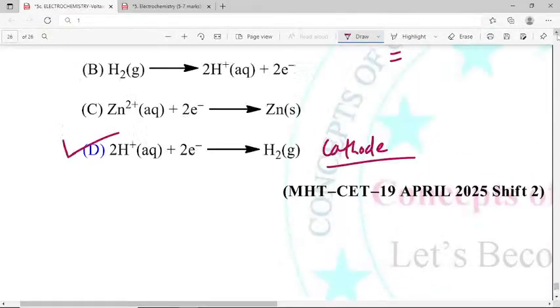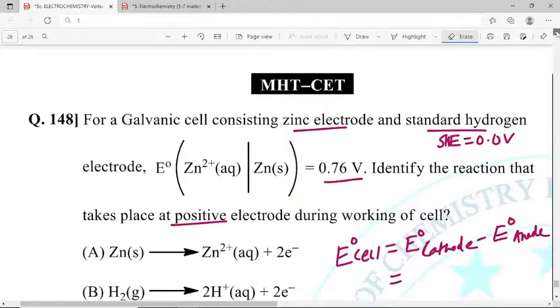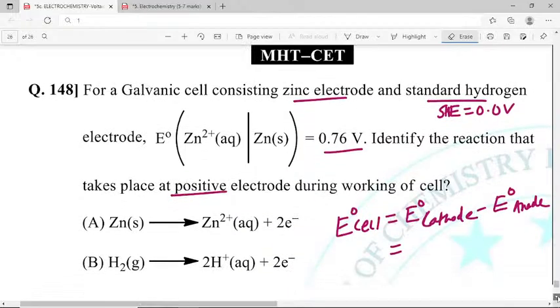Get it? Please solve this question: cathode minus anode. Is it clear, everyone?